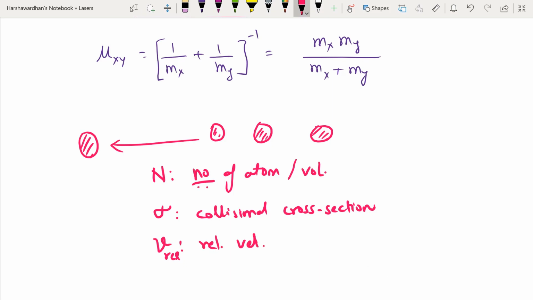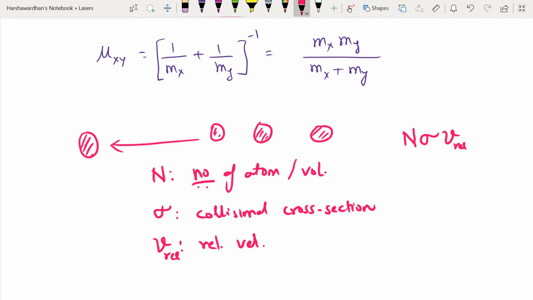Then you can see that the number of collisions I can quickly estimate is essentially the number density times sigma, times v relative, which is going to give me the flux of atoms.